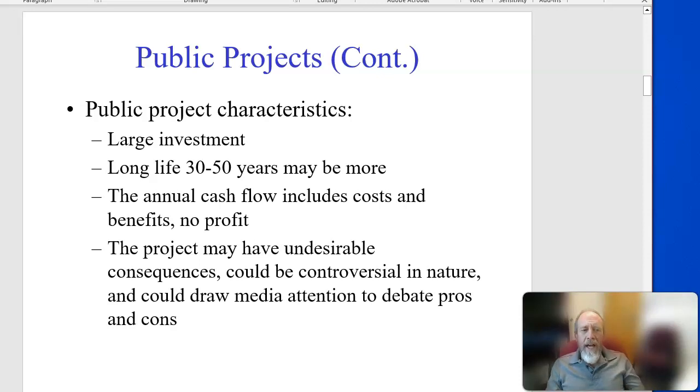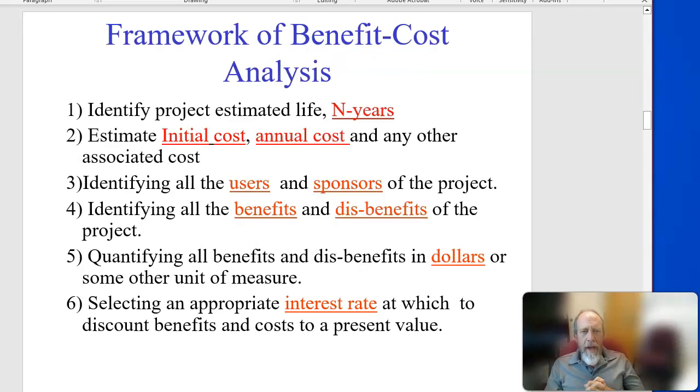So how do we look at this way, cost-benefit analysis, sometimes called benefit cost analysis, of evaluating these projects? Well, there's a way to do that. First, let's figure out how long this project is going to last.